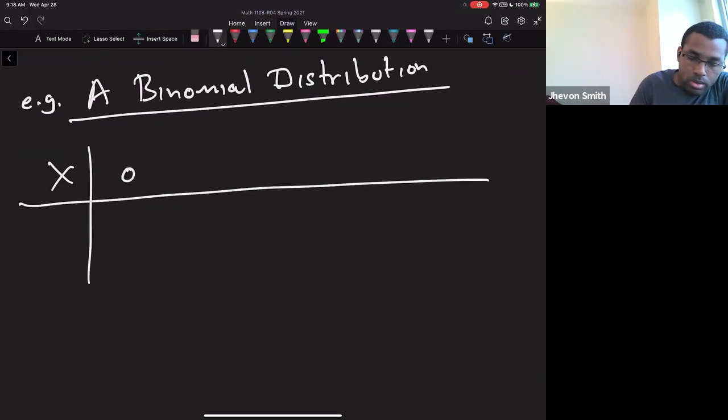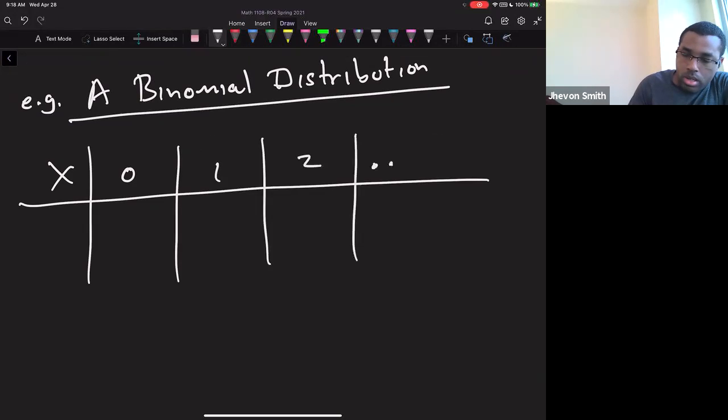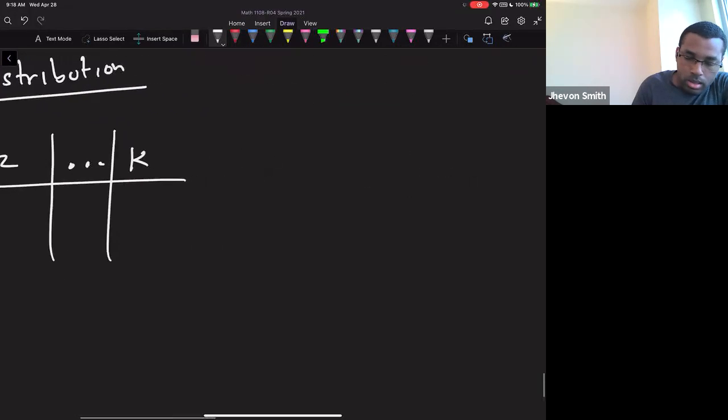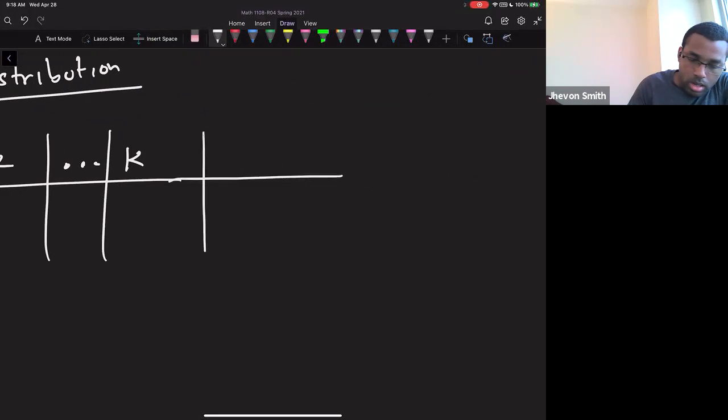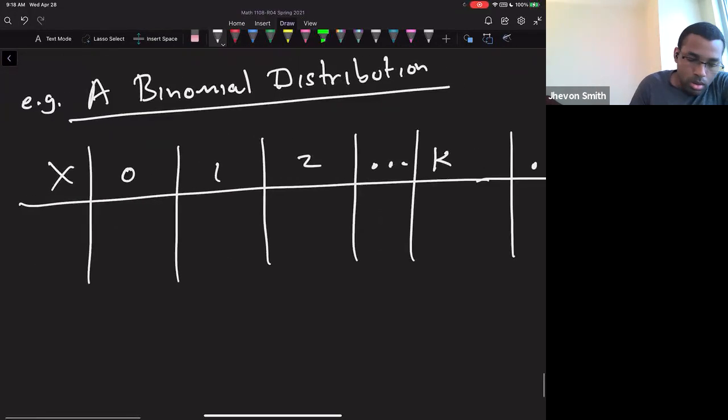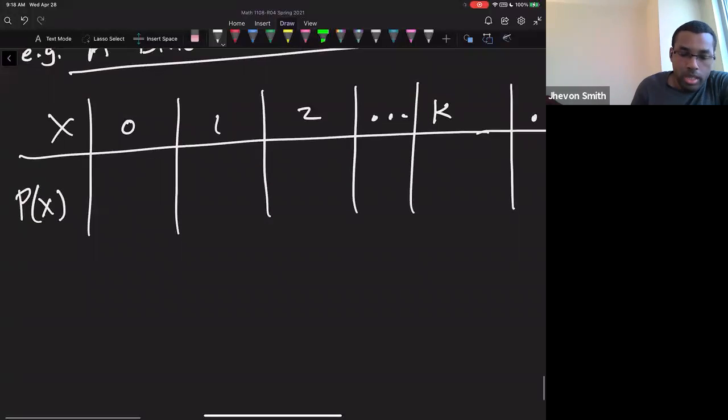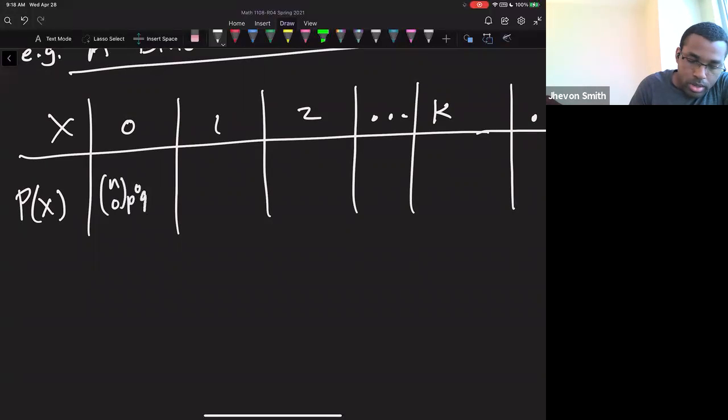X can be 0, can be 1, can be 2, can be some random value k, and it can go all the way up to some number n. What's the probability of 0? Well, it's n choose 0, p to the 0, q to the n. Probability of getting a 1 is n choose 1, p to the 1, q to the n minus 1.